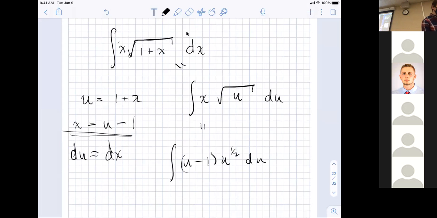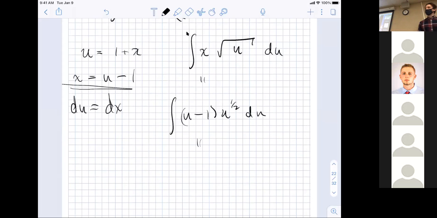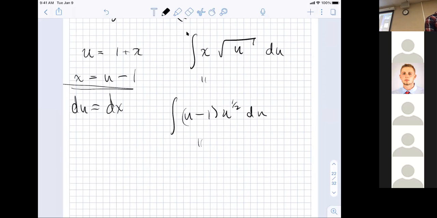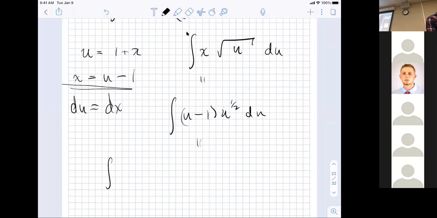And then you can see exactly what we wanted to happen happened. We took the square root from over the sum, which is hard to work with, and we moved it over to just the one single independent variable, right? And now this is the integral. When I distribute, I can just use the power rule.